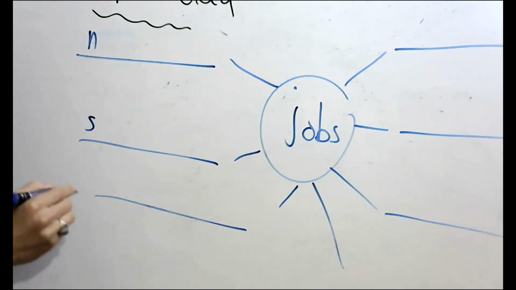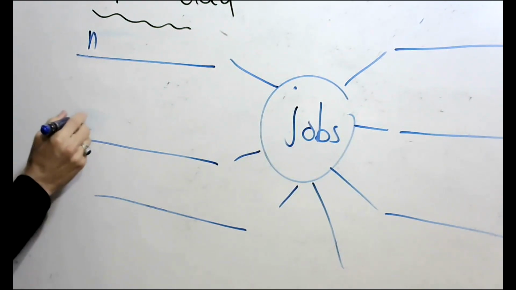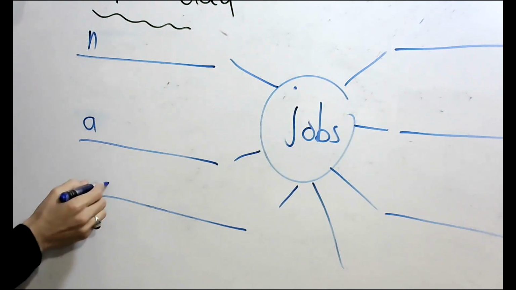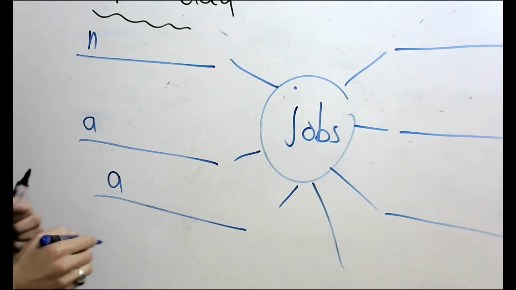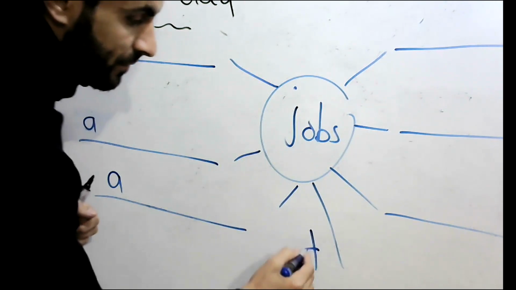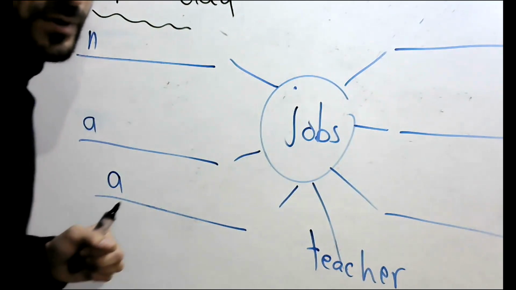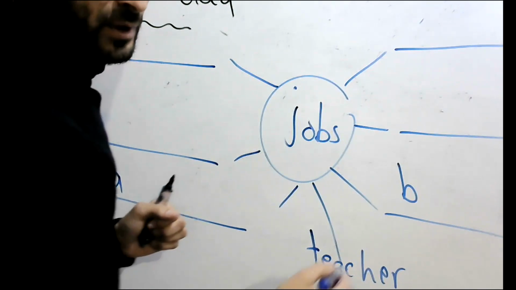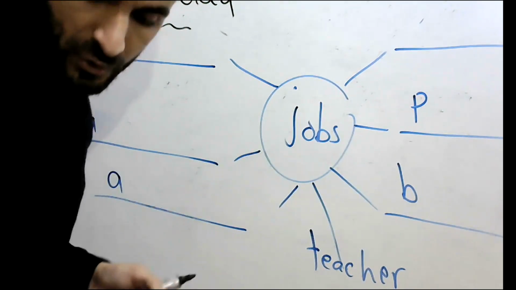After that S, or A. And we've got A. And also we've got teacher. This one is done. Okay, we've got B. We've got this one P. Okay, that is over.